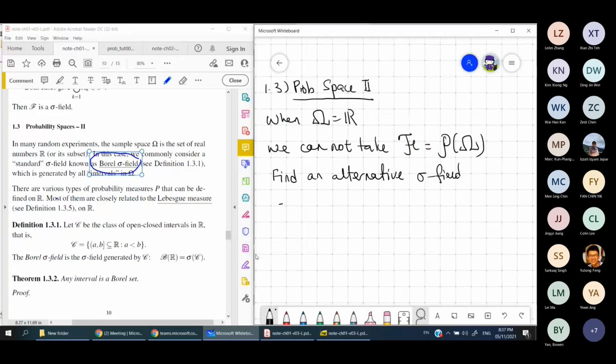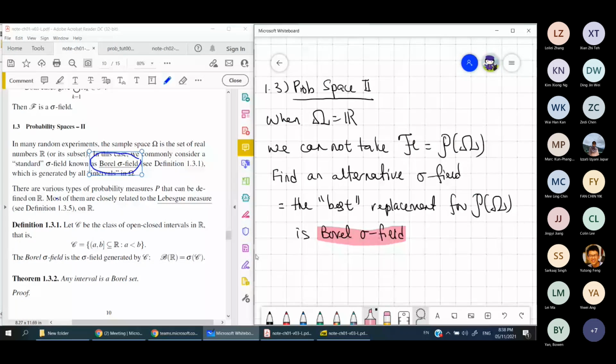So you can say, in a way, what do you mean by best here? The best replacement for this is what we so-called the Borel sigma field.